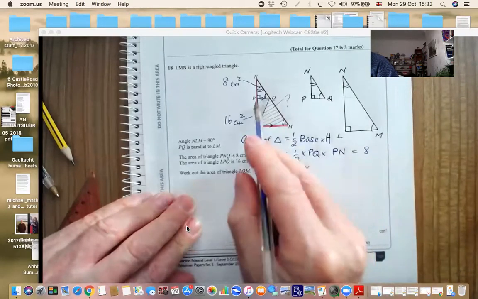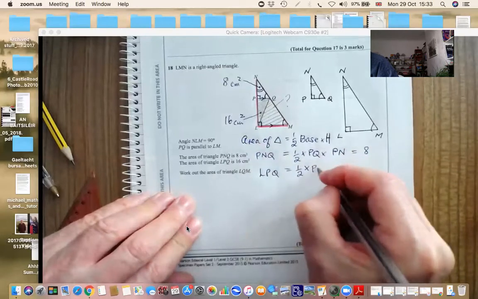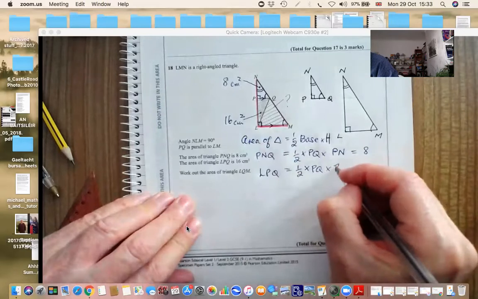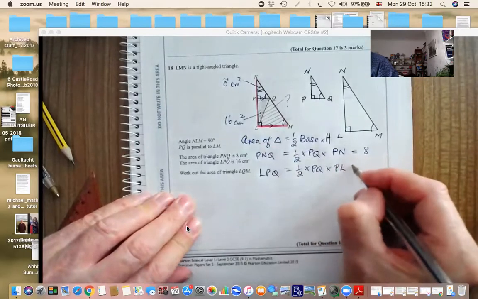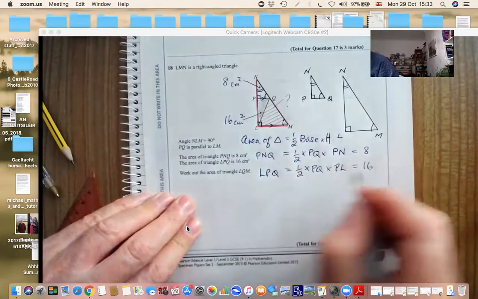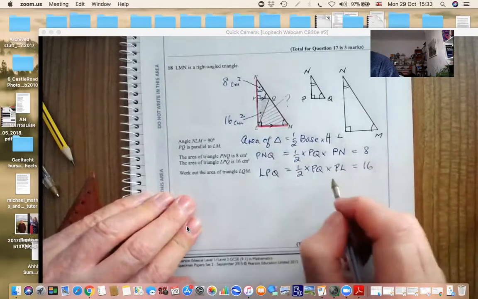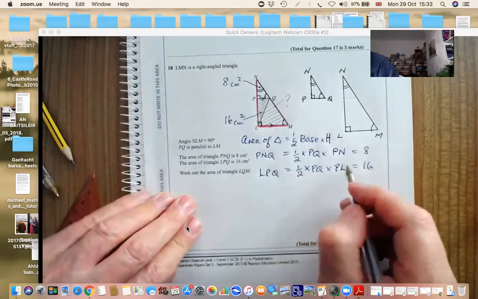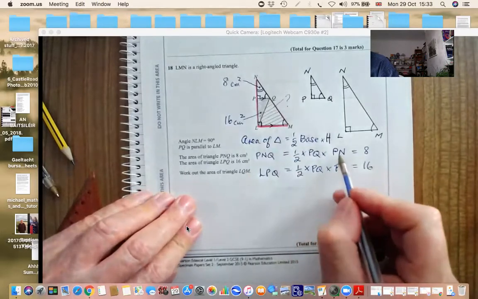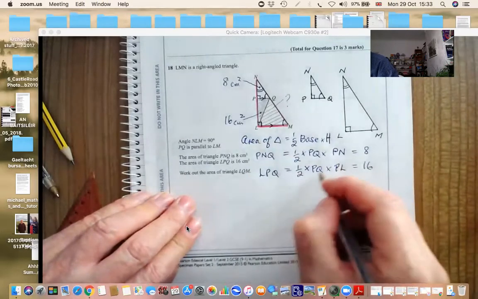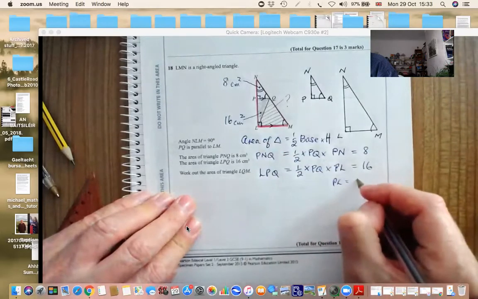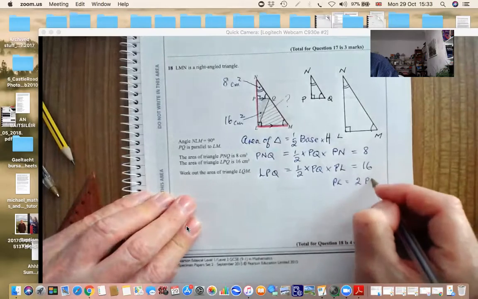We can call PQ the base again, PQ multiplied by the height this time, which is P to L. And we can put that equal to 16. And by figuring this out, I hope we will see that PL has to be twice as big as PN. So PL is twice the length of PN.